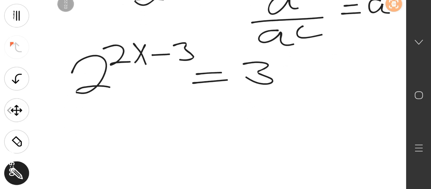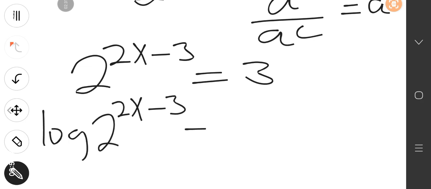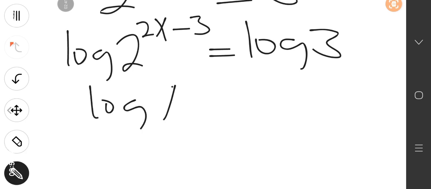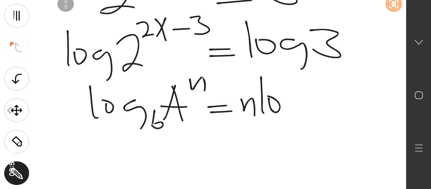Now let's apply, okay, the logarithm formula here. So we say log of 2 exponent (2x minus 3) equals log 3. Now let's apply the logarithm definition here. Okay, so we say log of a exponent n, base b, should give us n log a, base b.